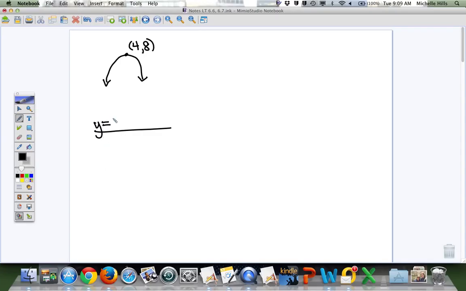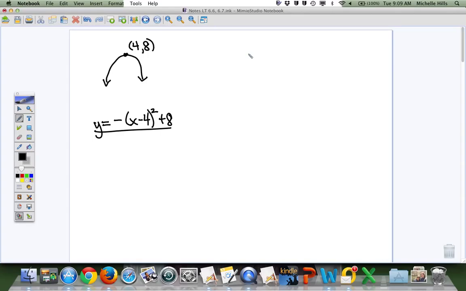So y equals, well, the x has moved right 4, so (x minus 4) squared, and up 8, so +8. Remember, change the sign on this one. Don't change the sign on this one. But it also opens down, so I need to put the negative sign out front so that it opens down.